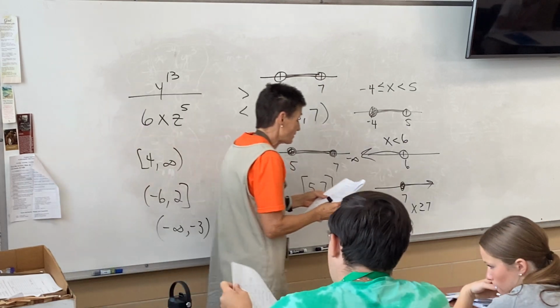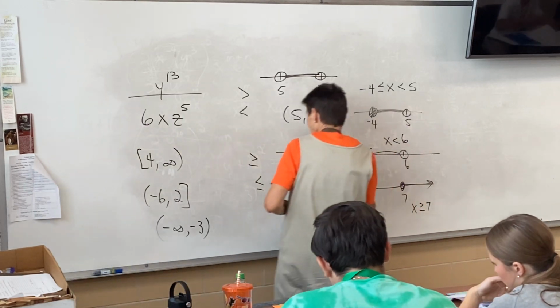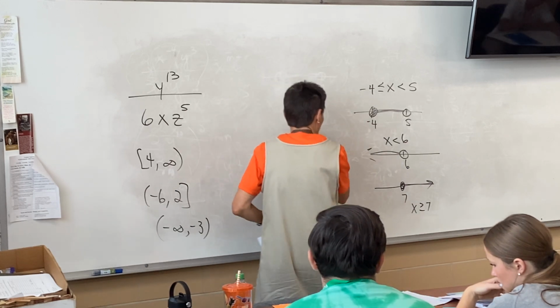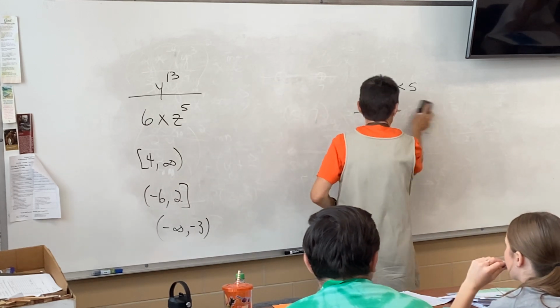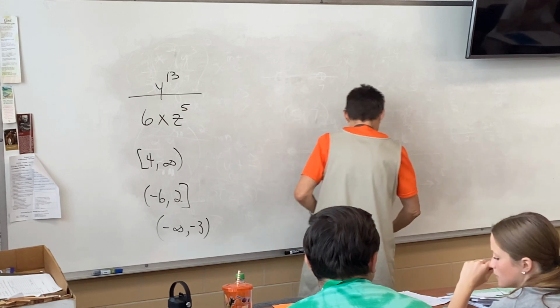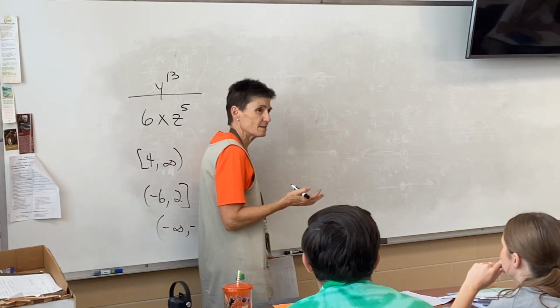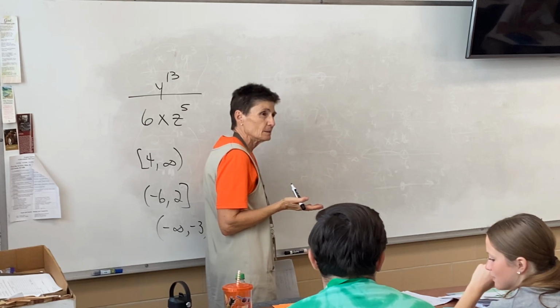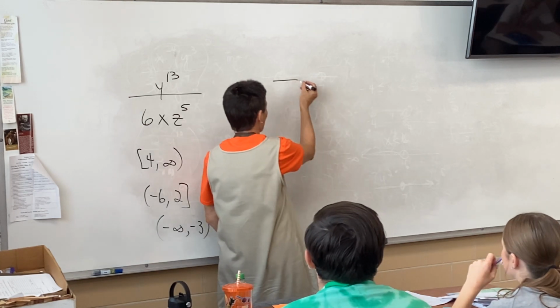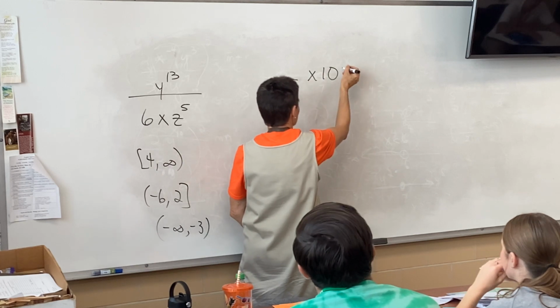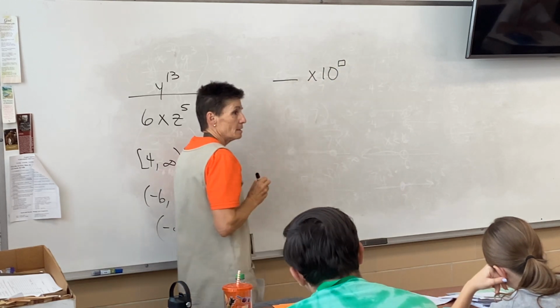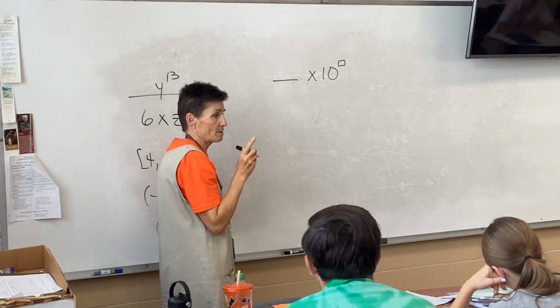All right, scientific notation. What is scientific notation? You know what it is, right? I'm not asking you for a definition. What does it look like? It's a number times 10 to a power. But there are some rules about it.